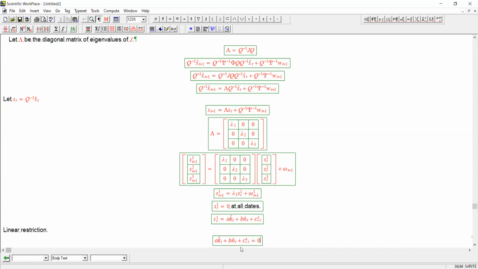And if we rearrange it, we'll see that we've solved our model.